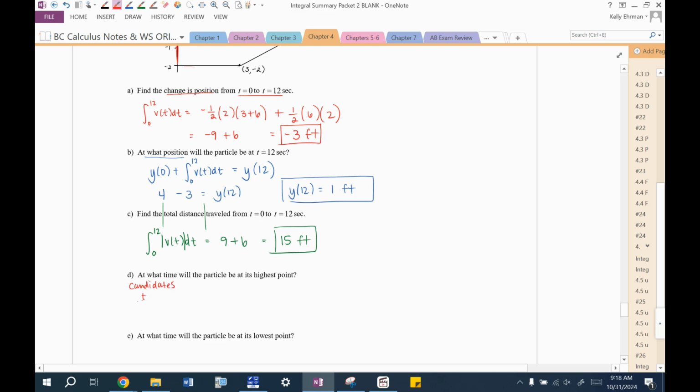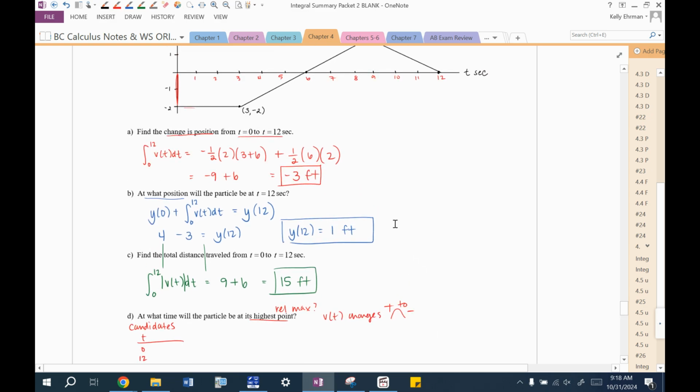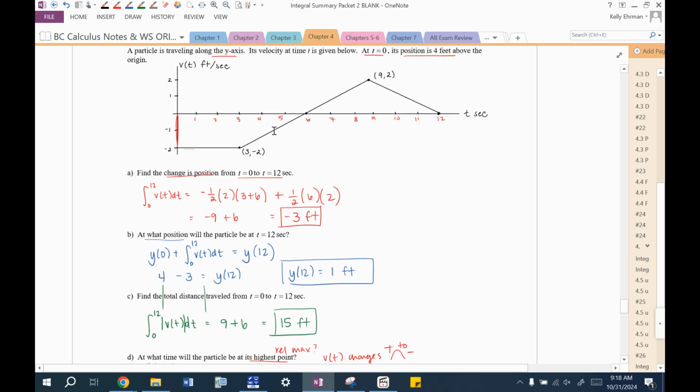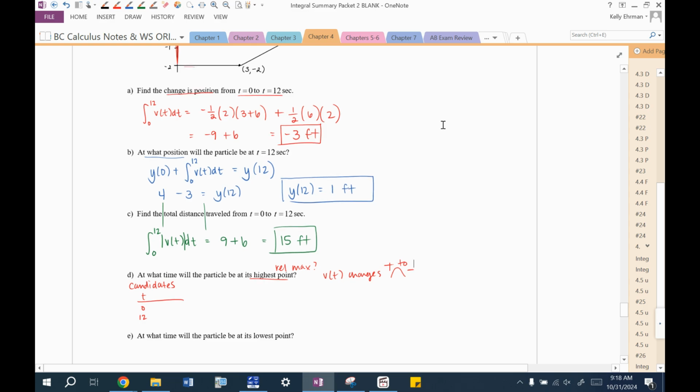The candidates are the endpoints, 0 and 12, or is there a relative max? That's anywhere where v changes from positive to negative, and that doesn't ever happen, right? We go negative to positive, but not the other way. So there are no relative maximum points.